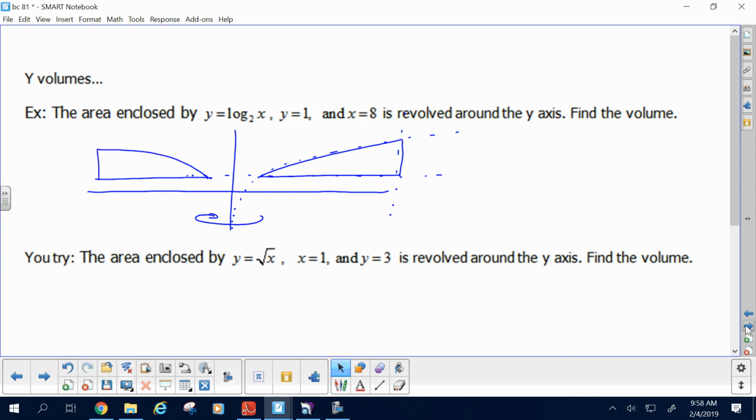Now, just like in disks, when it's around the x-axis, we use x, and when it's around the y-axis, we use y. Well, in this case, we'll use y. If we revolve around the y-axis, then the slice goes this way.